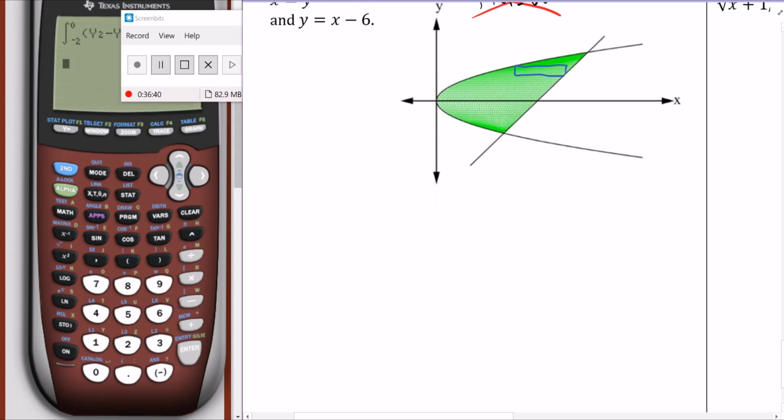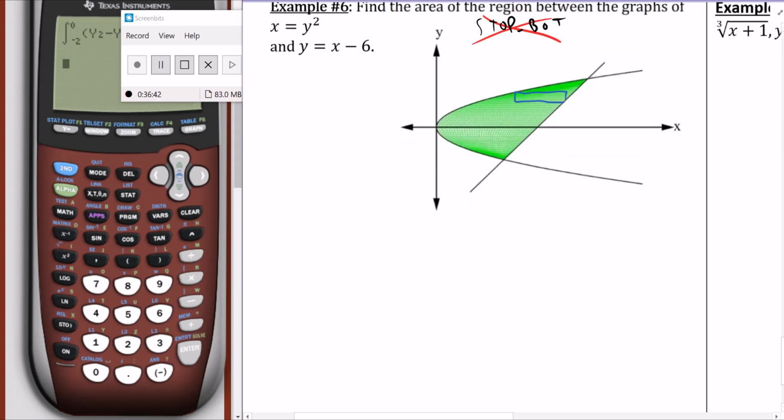So let's look at this and be like, okay, well, which one of these functions is on the right, right? We're trying to set up this integral. We're going to do right minus left dy. So the function on the right is the line. It's tempting to write, oh, x minus 6.